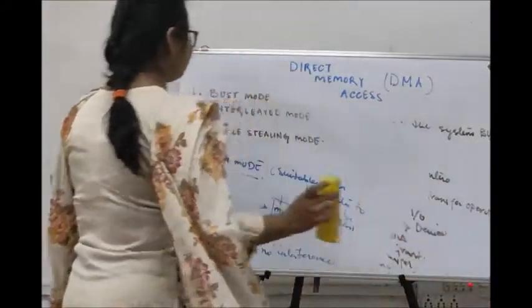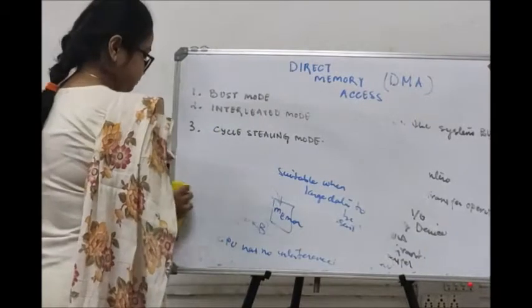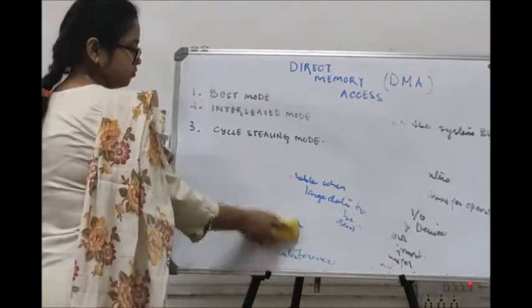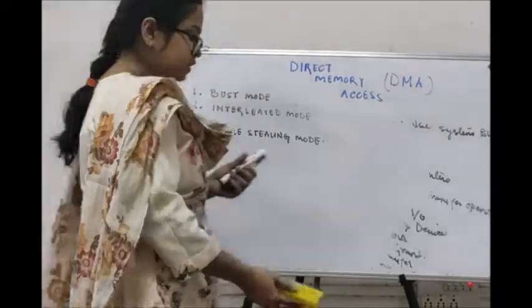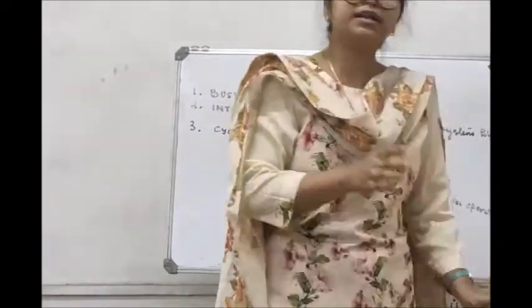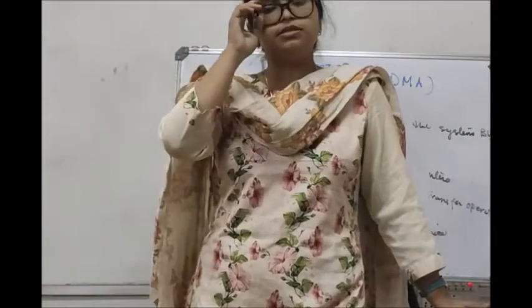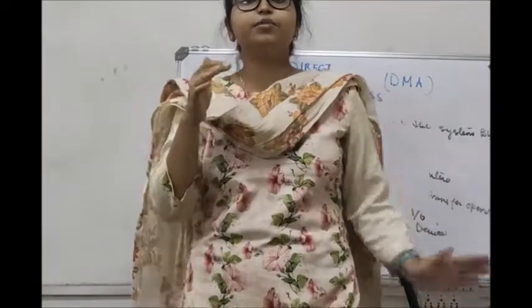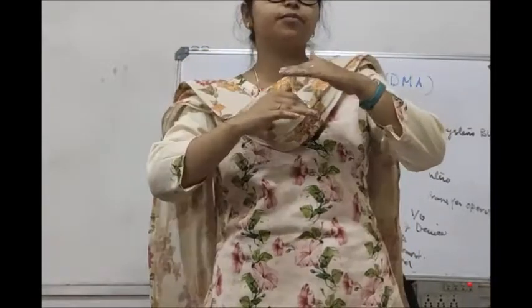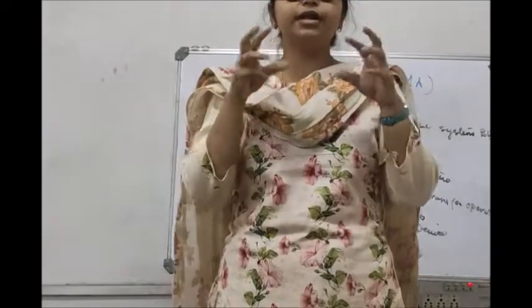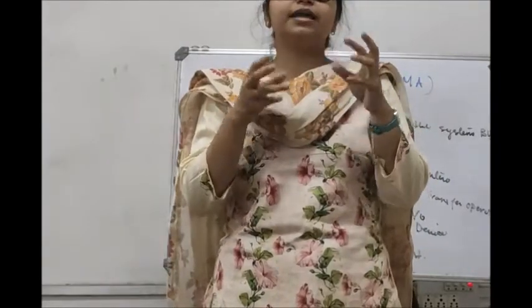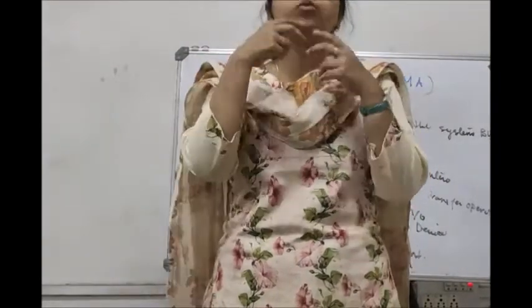Okay. Now the next mode is interleaved mode. What is interleaved mode? Interleaved means doing something, then again doing something after some time, and again doing something. If there are 2-3 entities together, then each entity will have a share of time to do its work.